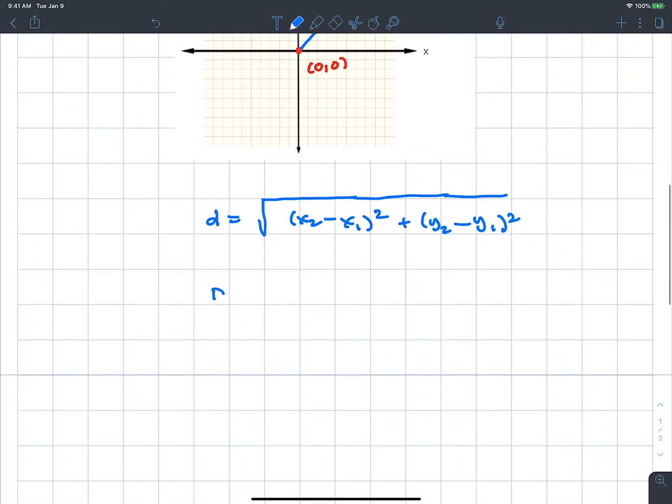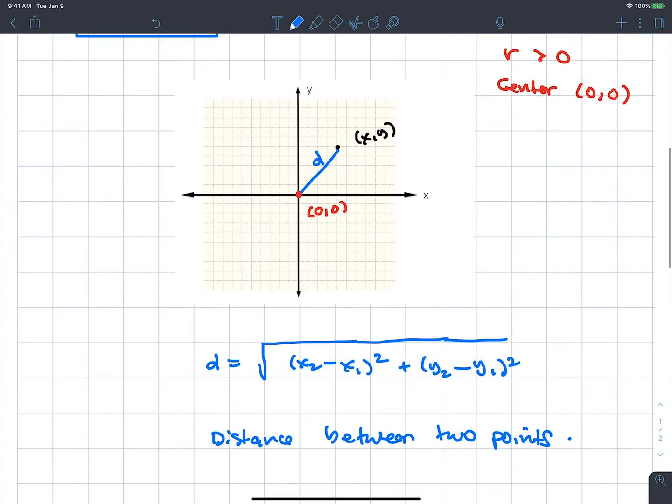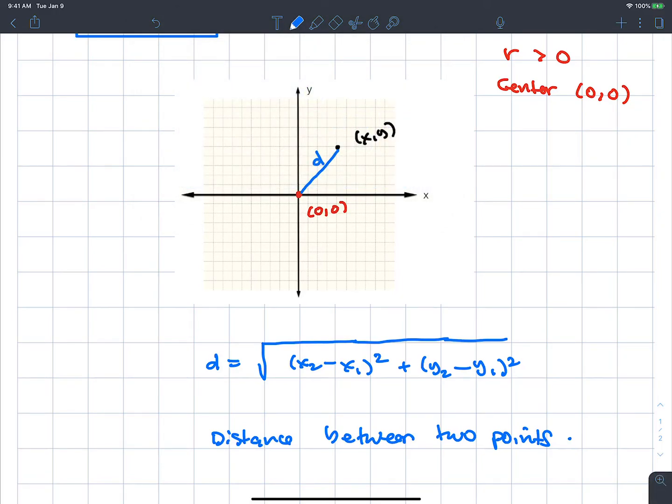So we're going to call that d, the distance between 2 points. And in this case, our first point is the origin, and the second point we're going to call this arbitrary xy.